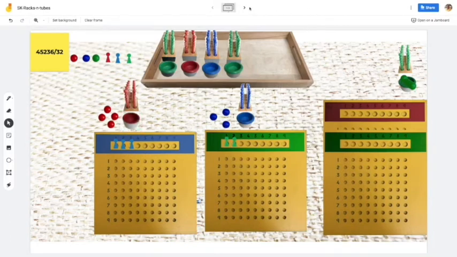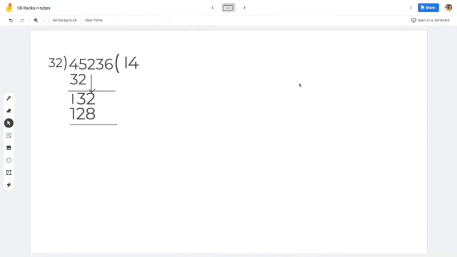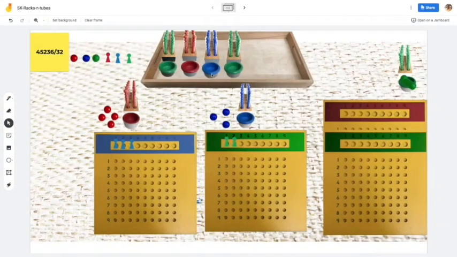Now it is time to record. We are left with 400. So we write 4 in the right place, in the hundreds place, and then we have brought 3 tens down.